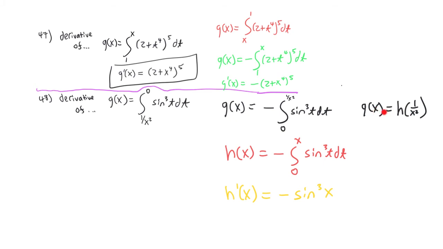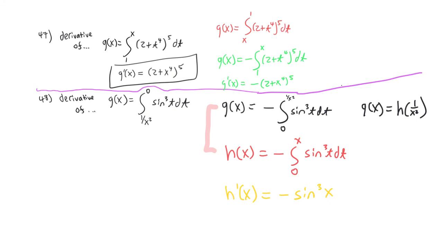So it's important that my student at home understands that part for sure. g of x is the same thing as h of x, except instead of x, there's a 1 over x squared. If we replace this x with a 3, there'd be a 3 up there, right? So g of x is equal to h of 1 over x squared. That is the scenario that we set up between these two.